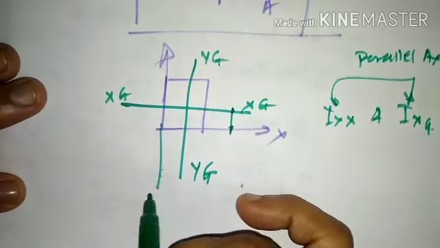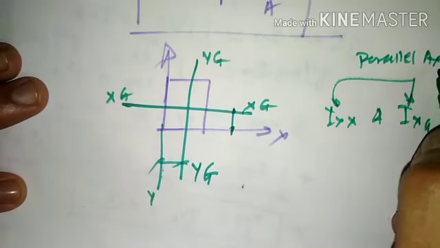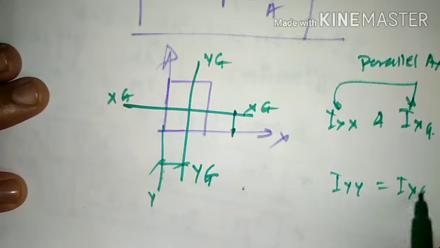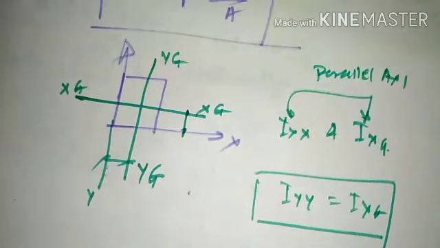Similarly, I'll have a derivation between Iyy and Iyg, again using the parallel axis theorem. This is how we find the moment of inertia along Ixx and Ixg, and Iyy and Iyg, by using the parallel axis theorem.